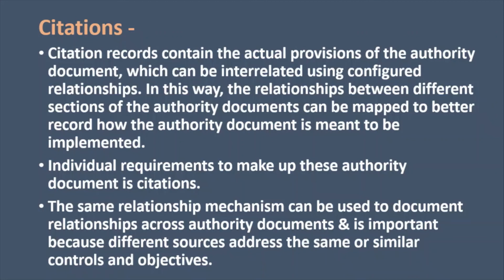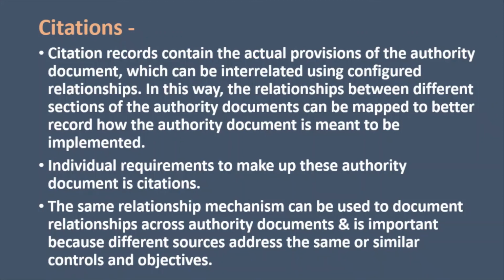In this way, the relationships between different sections of the authority documents can be mapped to better record how the authority document is meant to be implemented. Mainly, a citation is an individual requirement used to make the authority document. So we can refer to our citations to better map and record the authority document, and the authority document can be implemented in a better way by using citations.